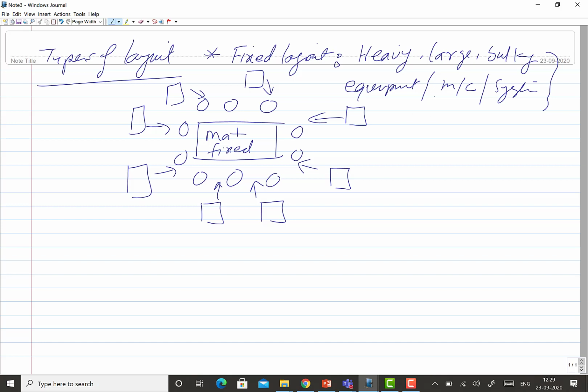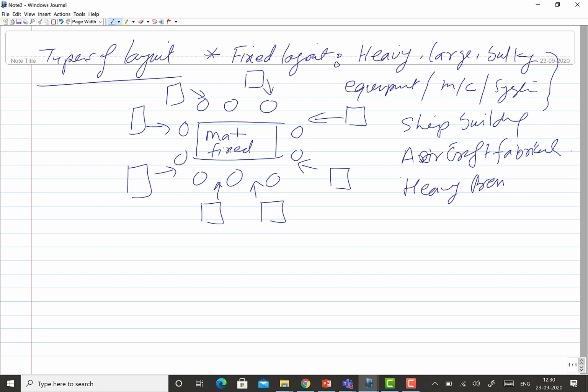As far as heavy structures are concerned, there may be ship building, aircraft fabrication, and heavy pressure vessels.